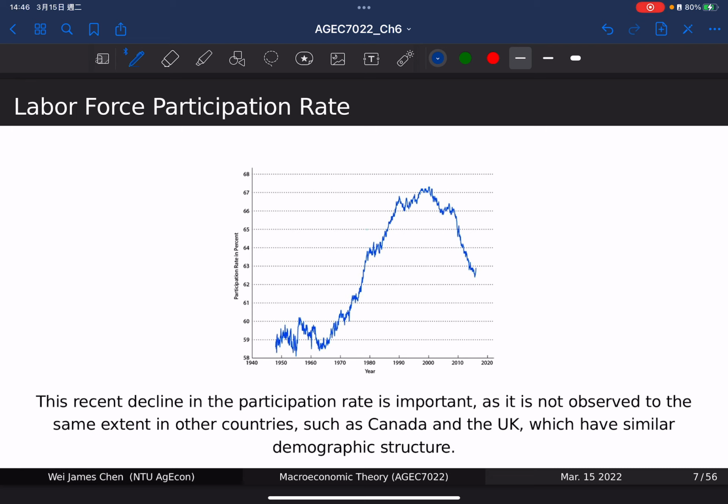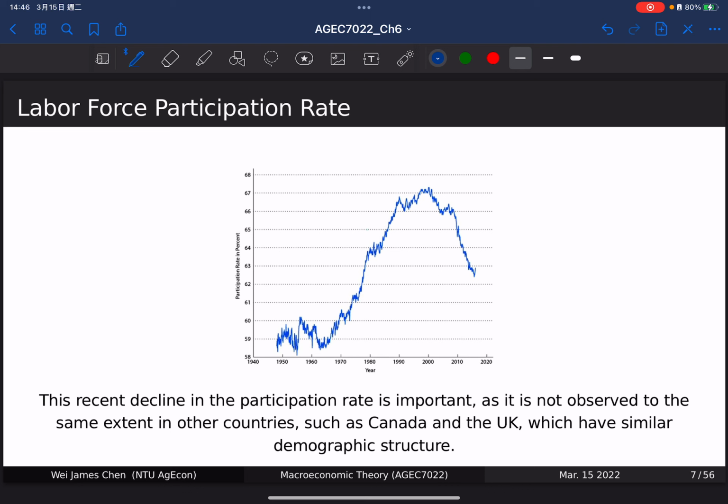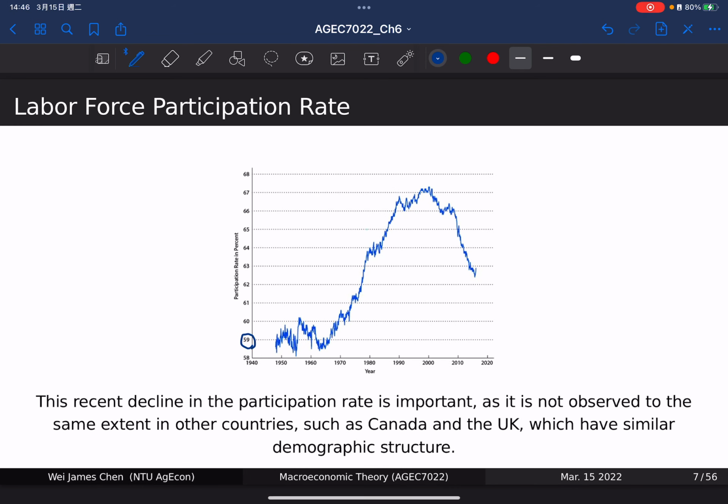How about the labor force participation rate? Back in the 50s or 60s, the participation rate was actually around 60%. So only around 60% of the total population was actually in the labor force. And it goes up a lot all the way until 2000 and then drops again.